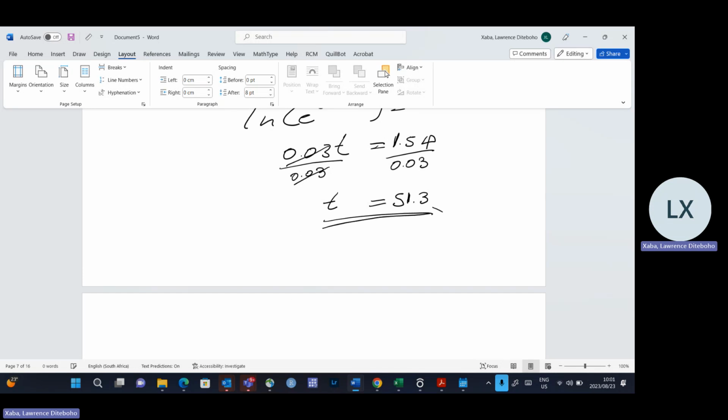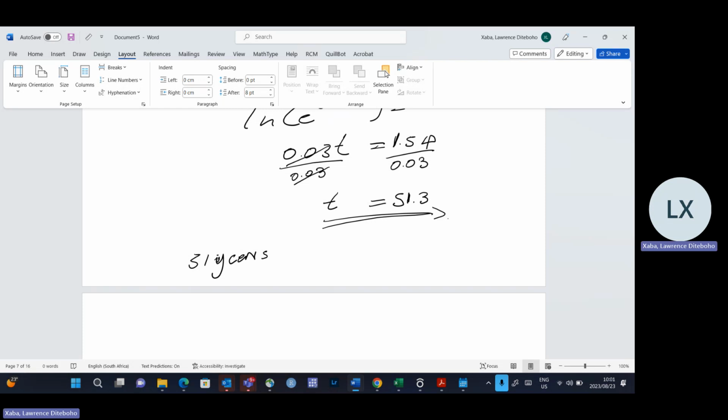So it means this is our T, which is time. And meaning we'll have a population of 3,500 after 51 years.